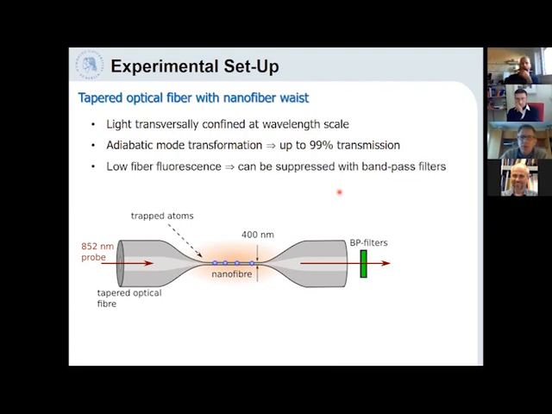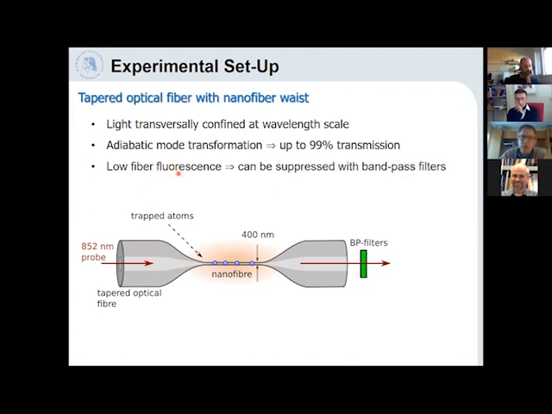And one important aspect is the fiber fluorescence, which is induced by the trapping light fields. Remember, we have here milliwatts of trapping light, which is blue detuned with respect to the atomic transition frequency, and this causes fluorescence.